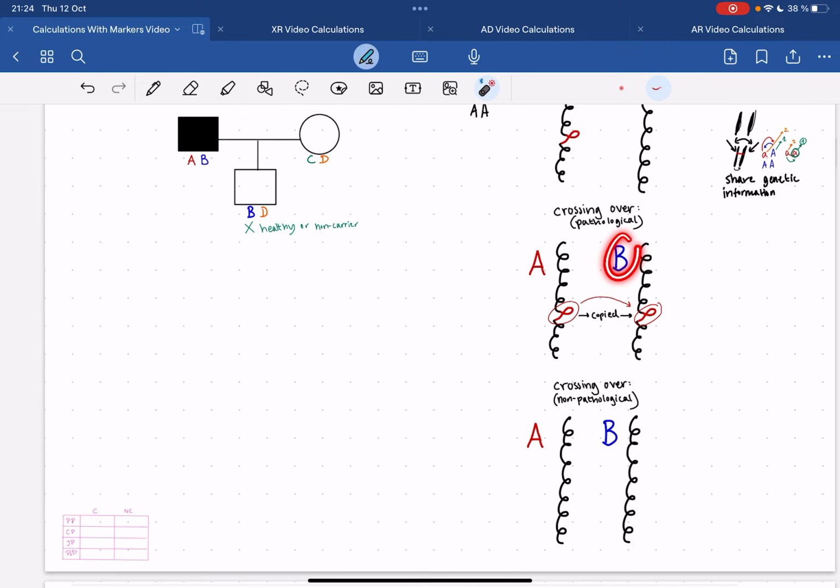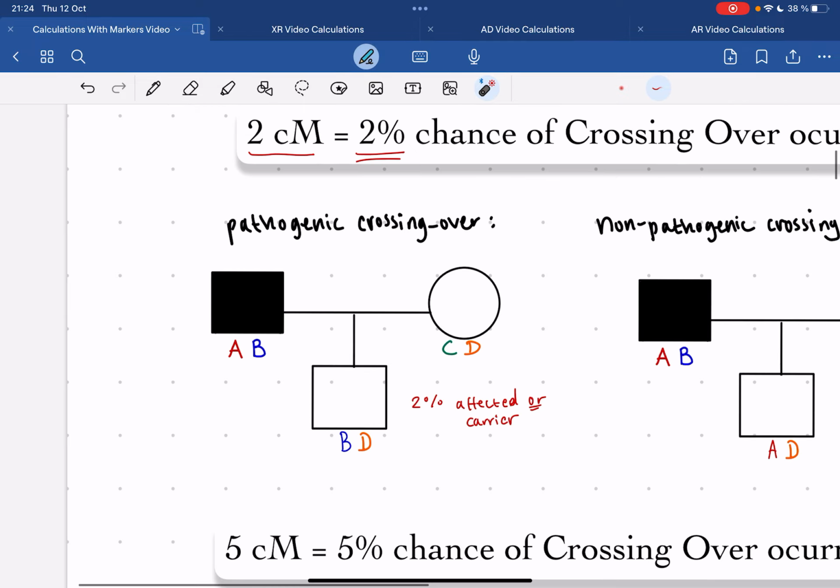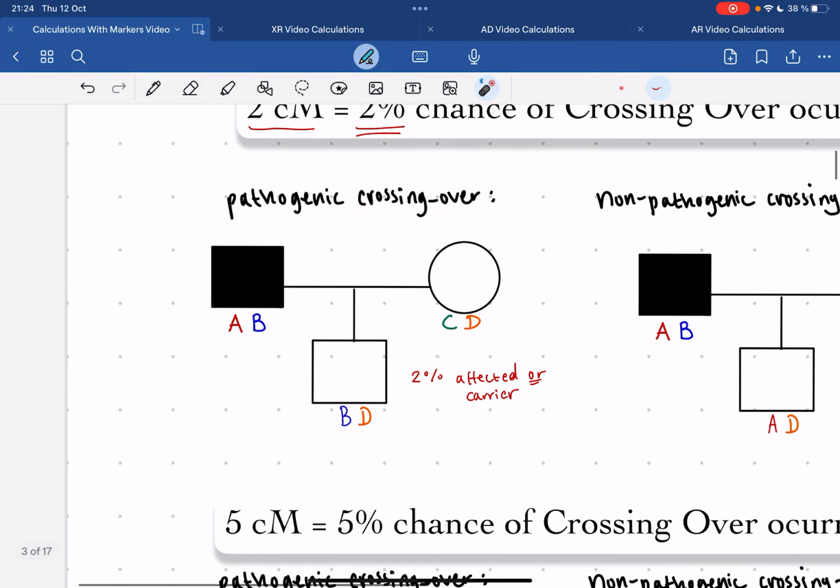Therefore, just because we have a healthy looking marker doesn't mean that this person isn't a carrier or affected. Therefore, we have to write down there's a 2% chance that this person will be either affected or carrier, because he can still carry this pathological allele despite having a healthy looking marker due to crossing over.